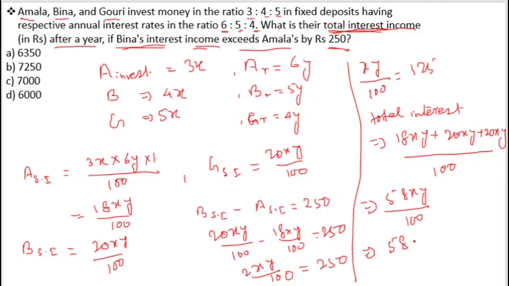So this is 58 into 125, and that gives us 7250. So our answer will be 7250.